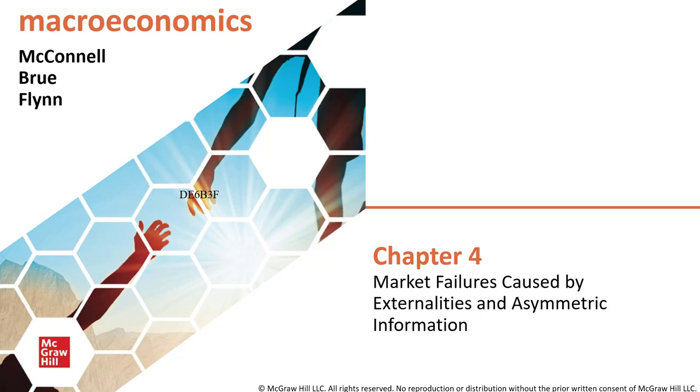We're going to go over Chapter 4, Market Failures Caused by Externalities and Asymmetric Information. In this chapter, we're going to define market failures and the consequences of market failure. The chapter begins by looking at the demand side of market failures, the supply side of market failures, and the inefficiencies that can be found.